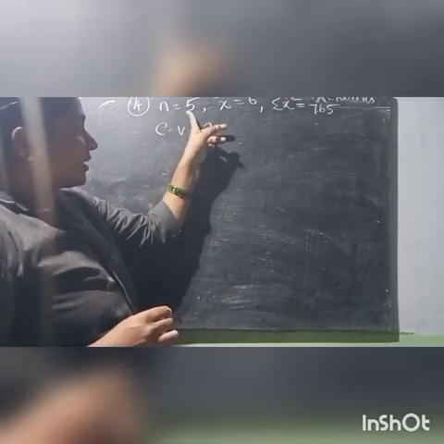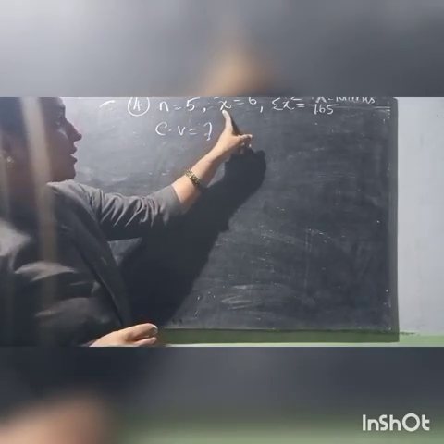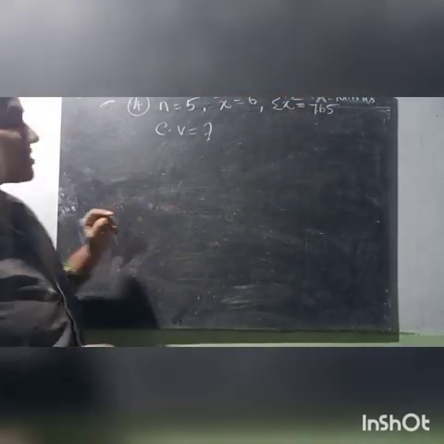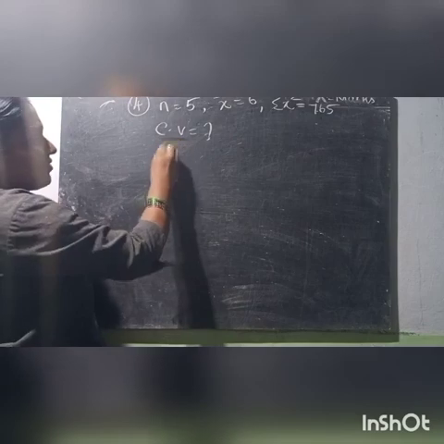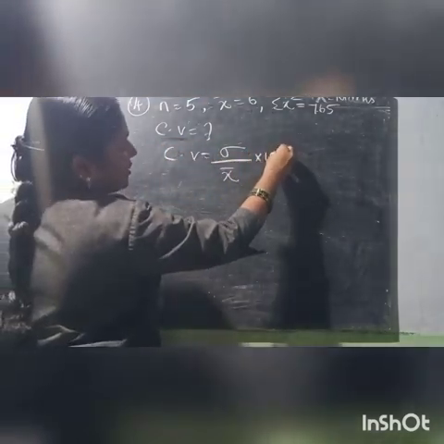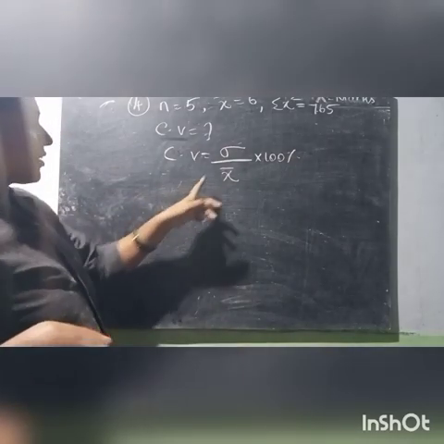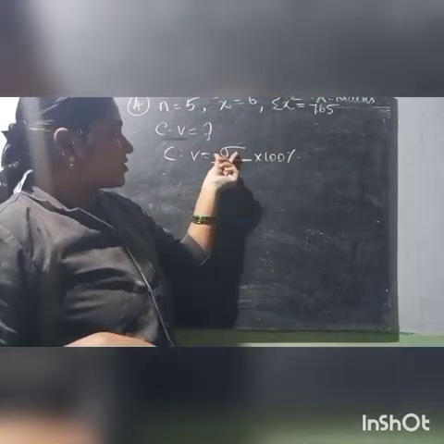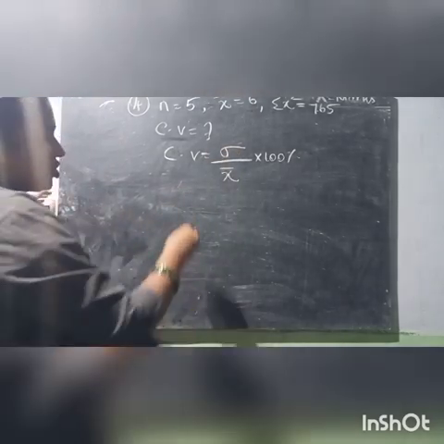See, number of candidates is 5, x bar equals 6, then sigma x square value is 765. You want to find out CV. So CV equals standard deviation by x bar into 100 percentage. See, we don't know the standard deviation value now, but x bar value we know. So first we have to calculate the standard deviation value.